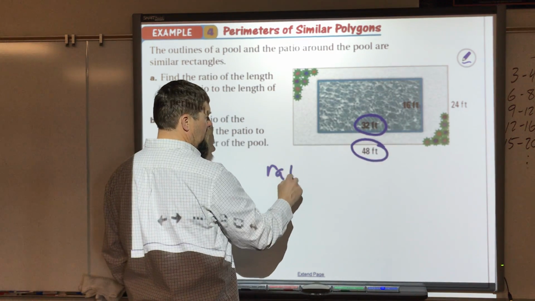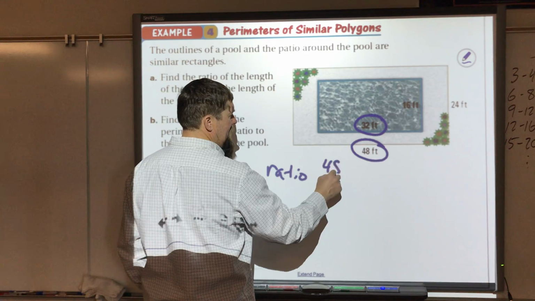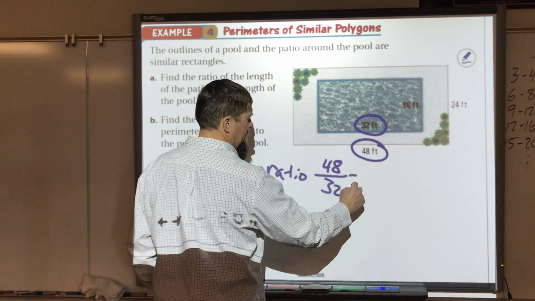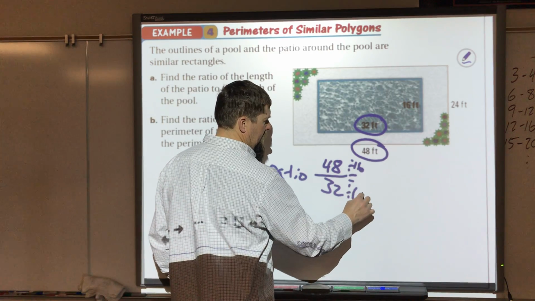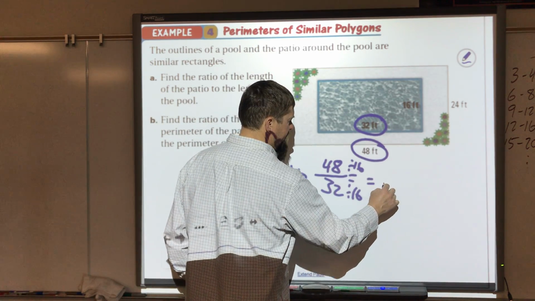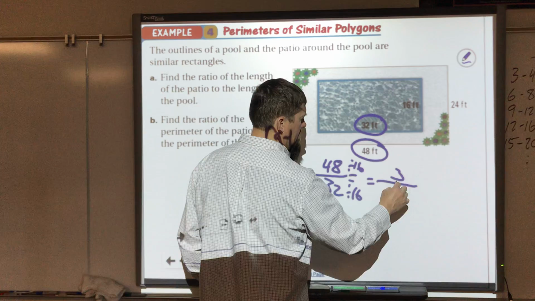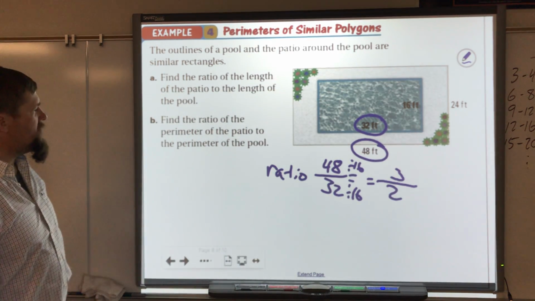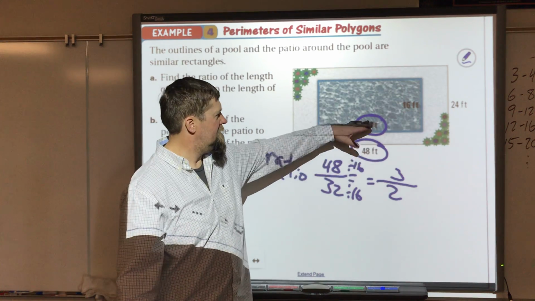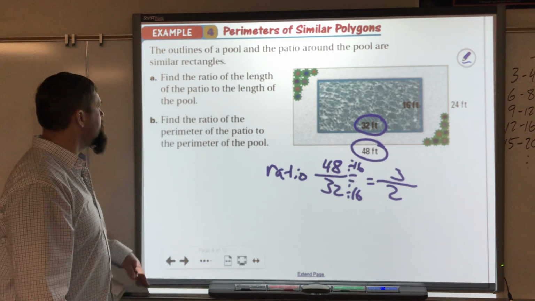So the ratio would be 48 to 32. If I divide both of these by 16, I get 3 to 2. So the ratio of the length of this to this is 3 to 2.